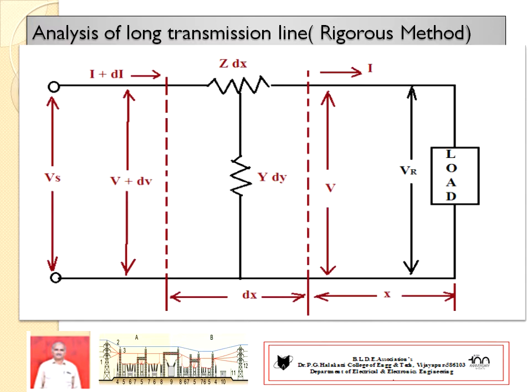Small z is the series impedance per unit length at that section. Small y is the shunt admittance at that section point.